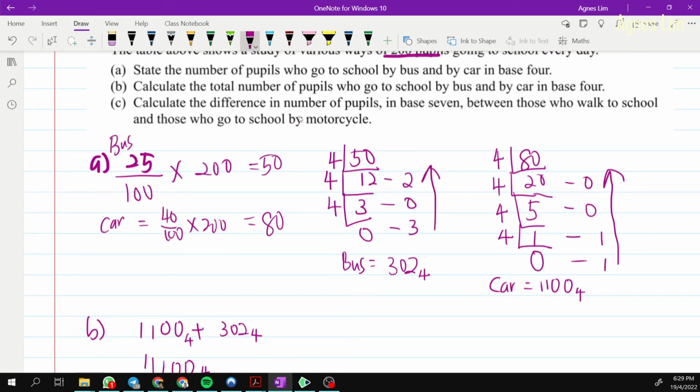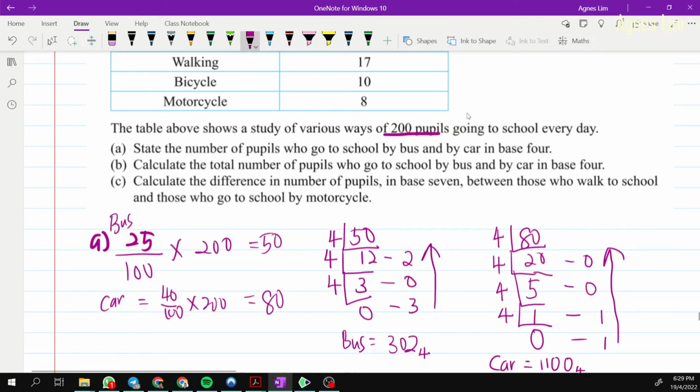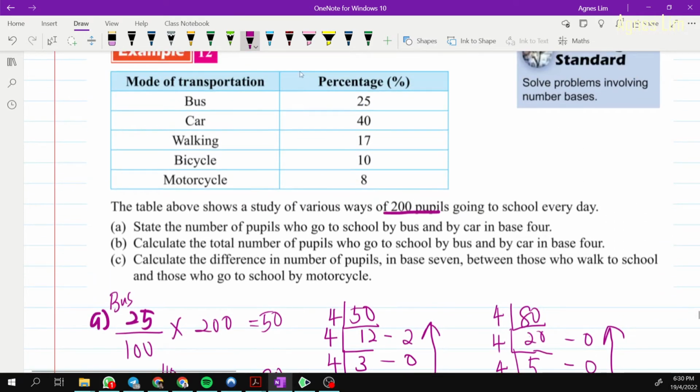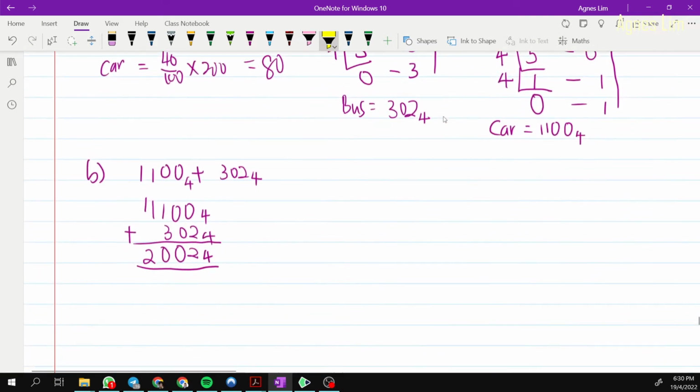C, calculate the difference. Now this one is in base 7. For walking to school, we have 17%.